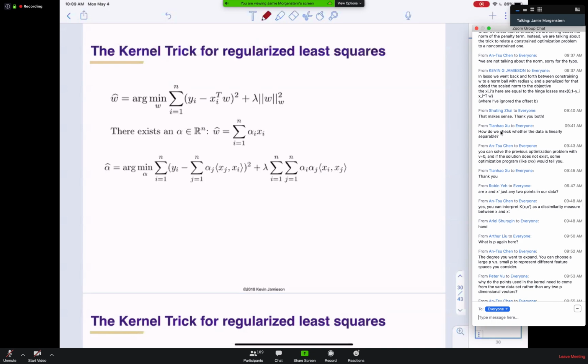We know the form of the minimizer. For ridge regression, we have a closed form solution. And it's a good exercise to show that the closed form solution is equivalent to this.